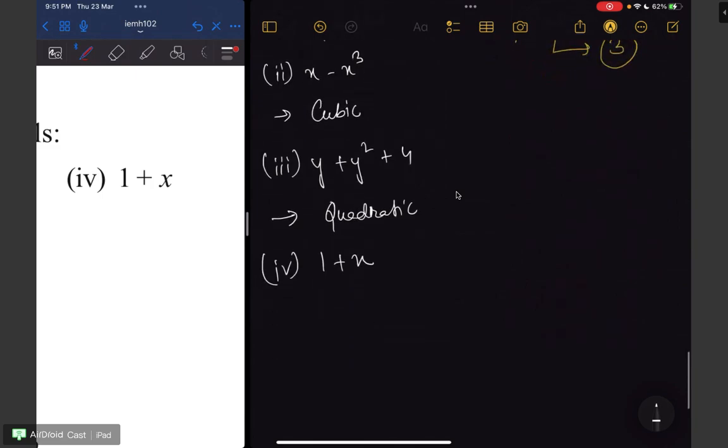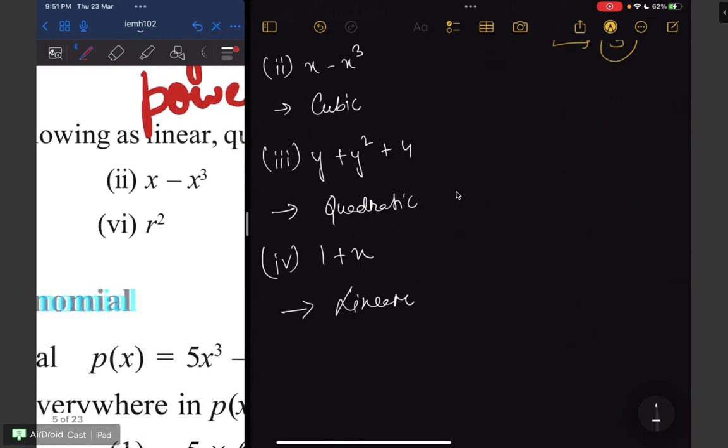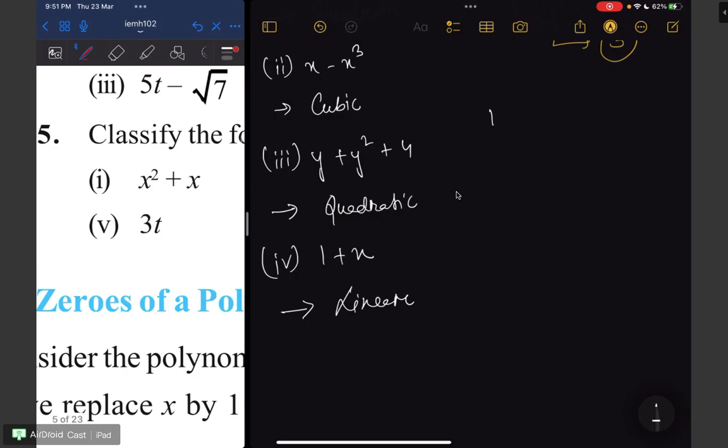What is the degree of this polynomial? The degree of this polynomial is 1. Therefore, this particular polynomial is known as what? It is known as a linear polynomial. Let's go to question number 5. The polynomial is 3t. The degree is how much? Degree is 1. Therefore, it is a linear polynomial.